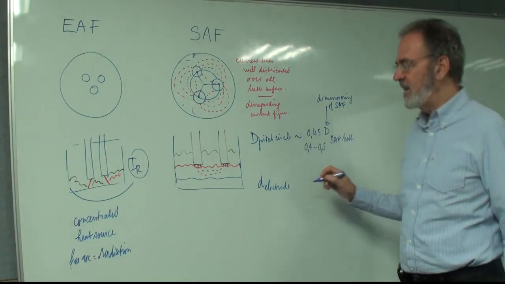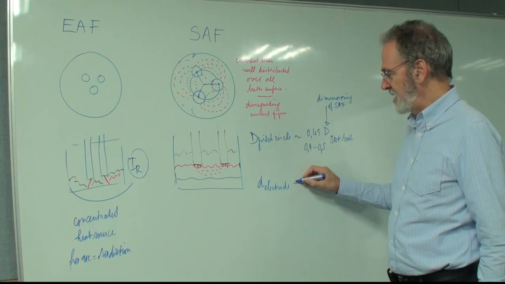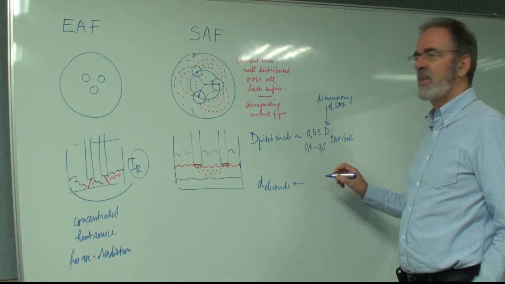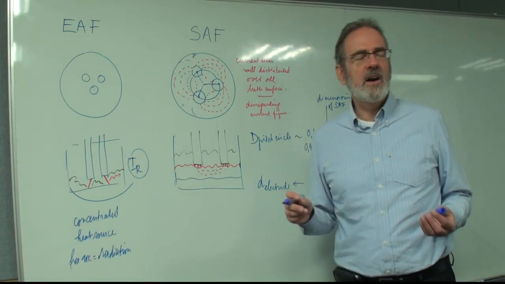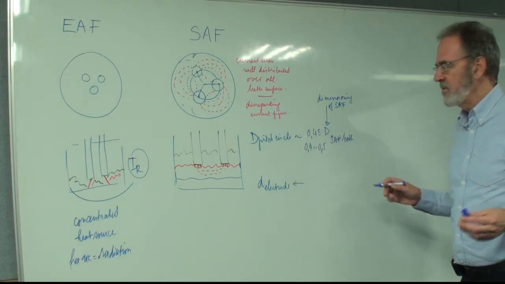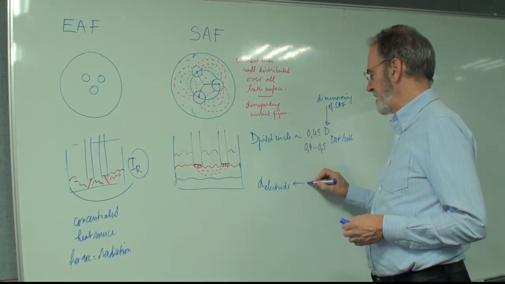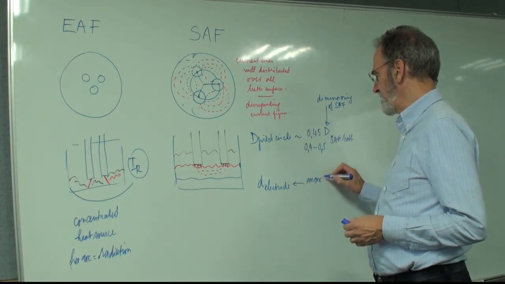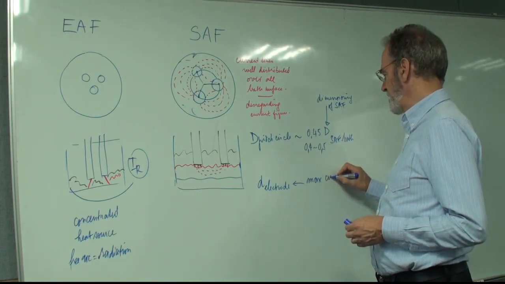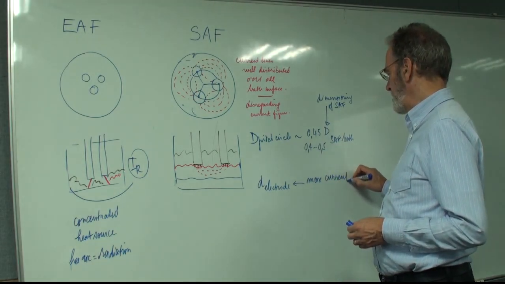So the diameter of the electrode can be defined when you know the max current.